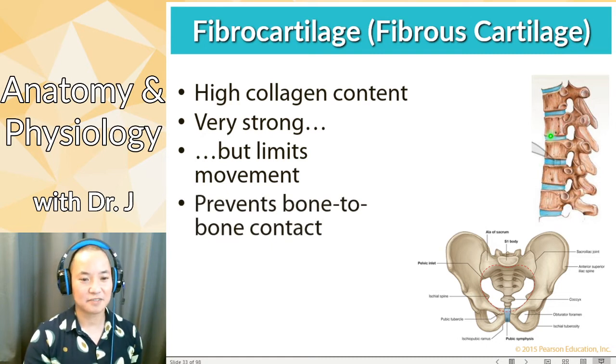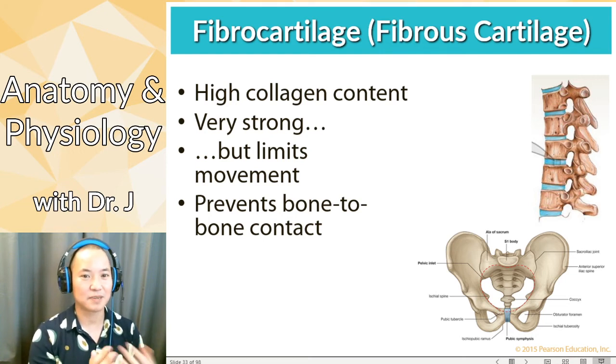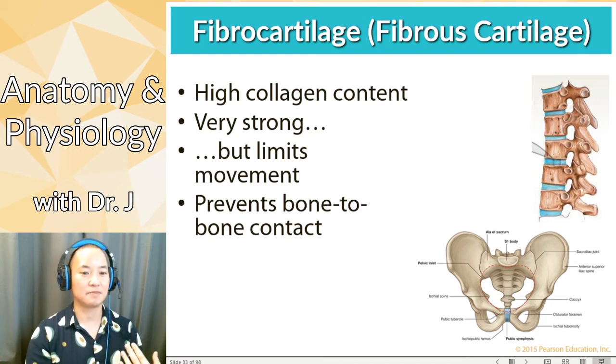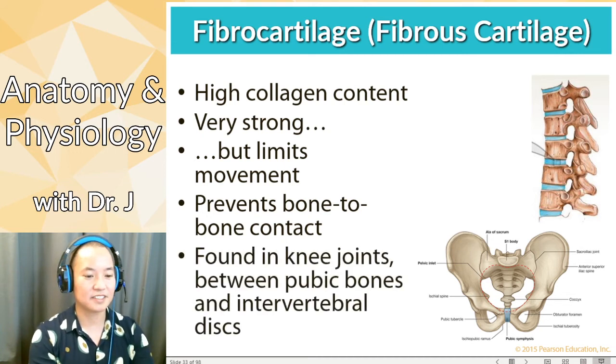Your vertebrae and your spinal column, it's not just bones. You want all these pads between them because if you're moving your spine all day, you don't want the vertebrae of your spinal column grinding against each other. But it also forms a very strong support to help you keep upright when you're sitting or standing. You also find it in your knee joints, and again, remember they're very tough.